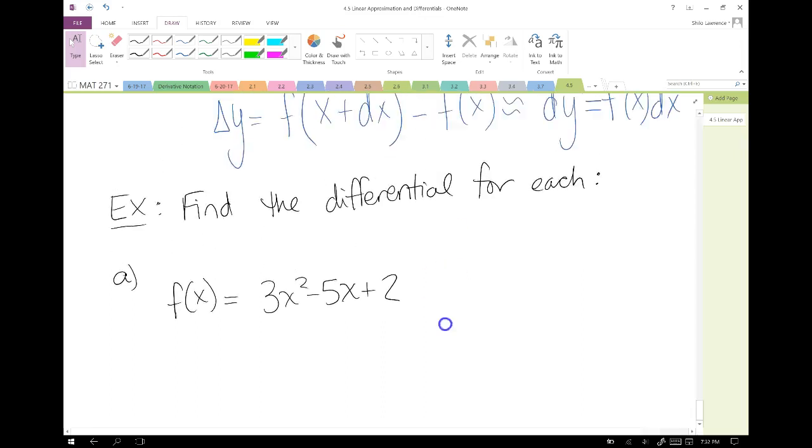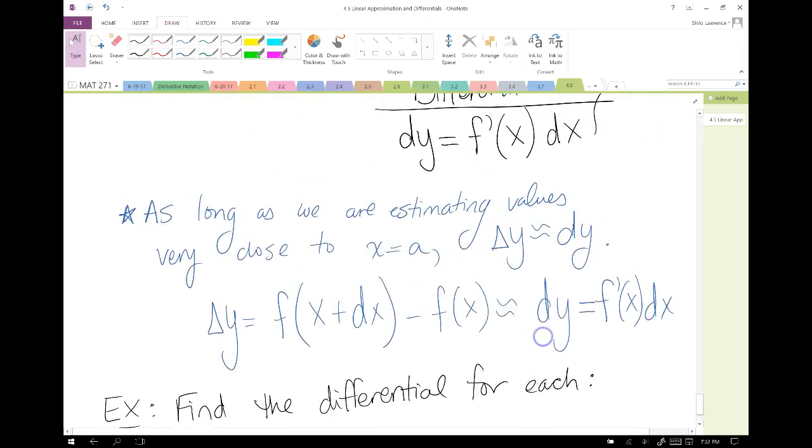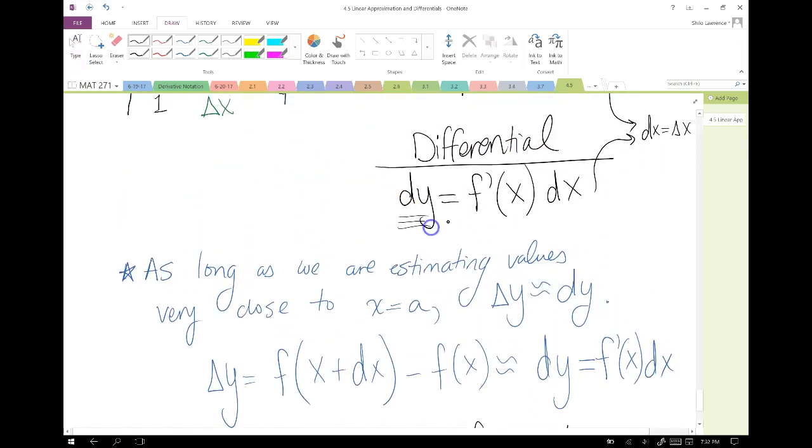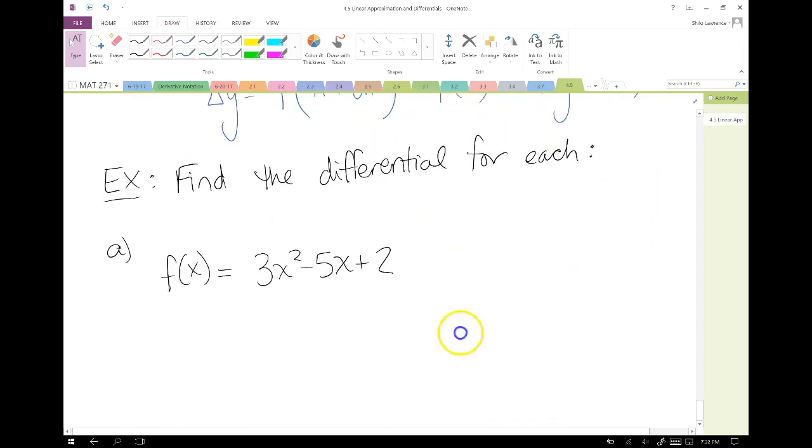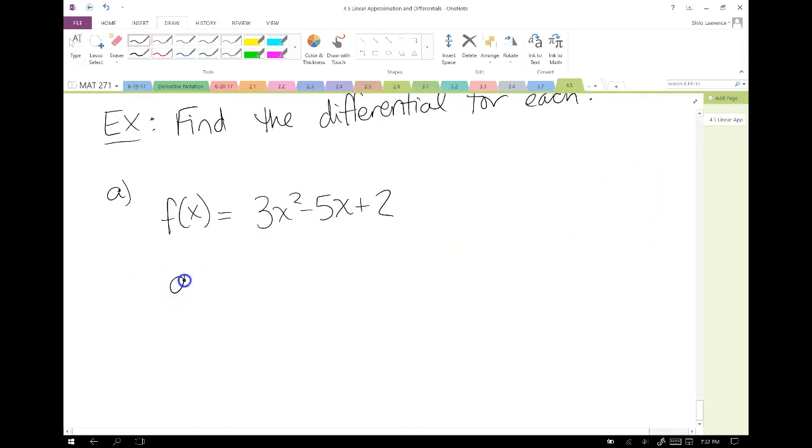With the differential, the dy is just a set piece, the dx is just a set piece, and what we do is we throw f prime in there. So we say dy equals, and then we're going to take the derivative of our function, which is 6x minus 5 dx.